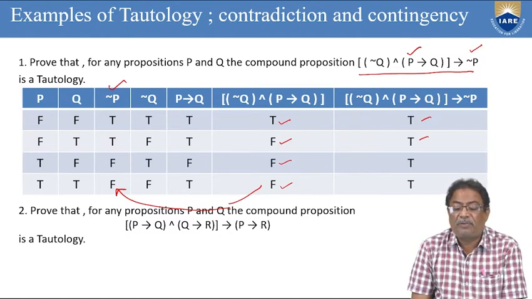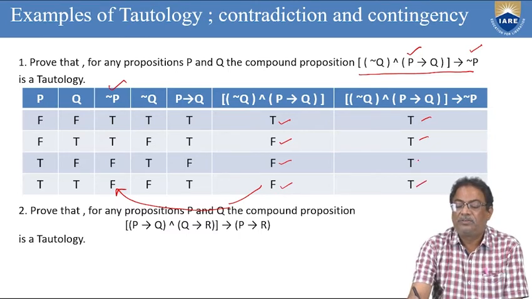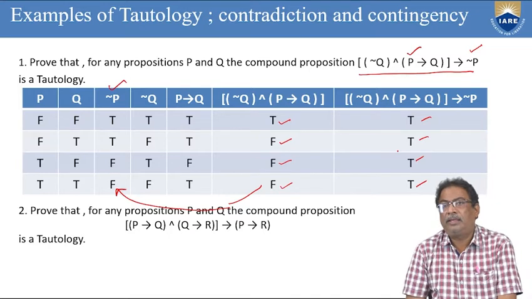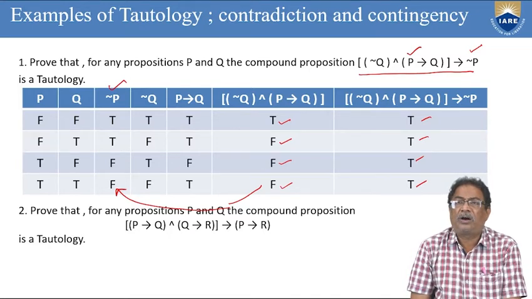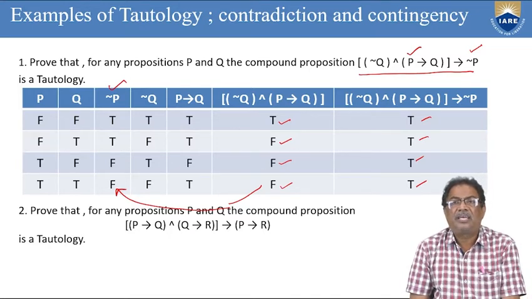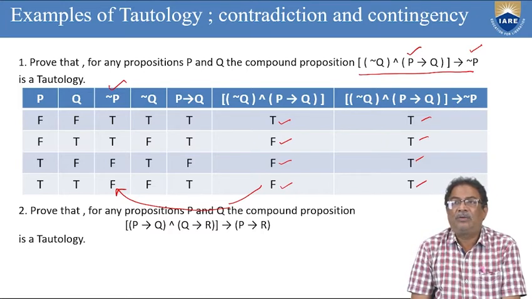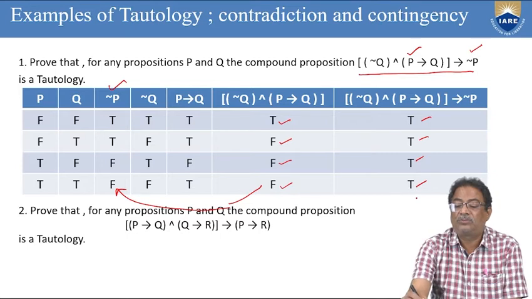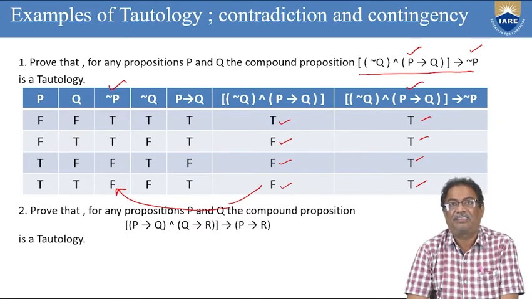False, true, it will become true. Next, false, it will become true. Then false, it will become true. This is the same as the previous methods of how to construct a truth table. By using that we constructed it. So finally, the resulting truth values are all true. So we can say that this is a tautology.